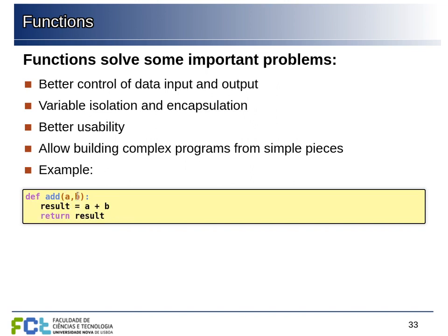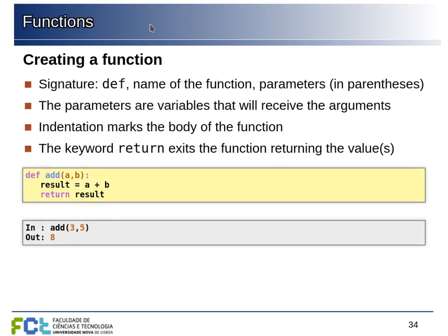So all of these a, b, result, and so on that we have in this function to compute the sum of two elements will belong just inside the function and do not interfere with anything outside the function. So you can use the function like this, calling the name of the function and then inside parentheses the arguments that you want to supply into the parameters.